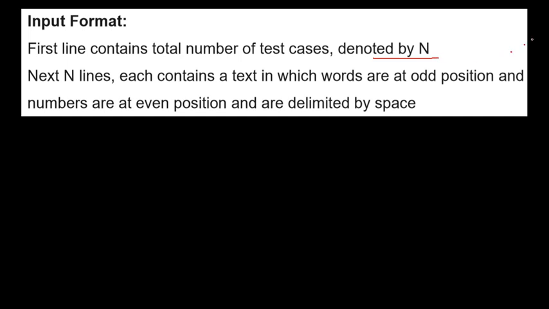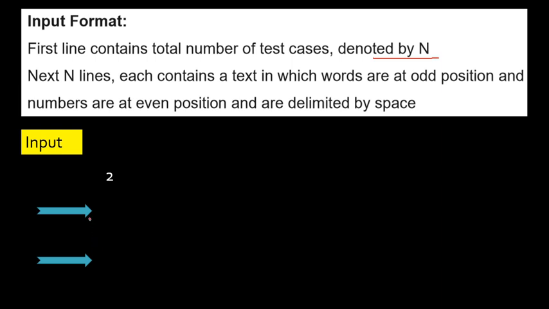In the first line, they will tell you the number of scenarios, the number of cases. For example, let me consider the input is 2, which means how many scenarios we will consider here? 2 individual scenarios. So if the input is 2, I'll give you 2 individual scenarios. Can you all understand this? Yes.